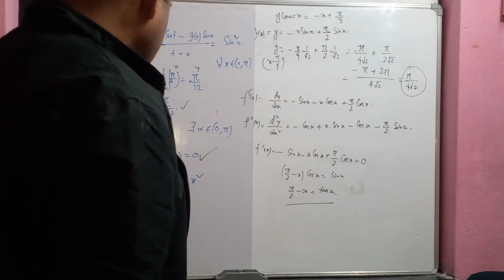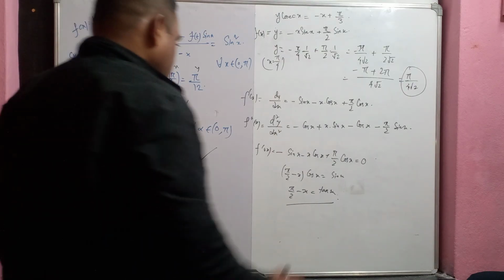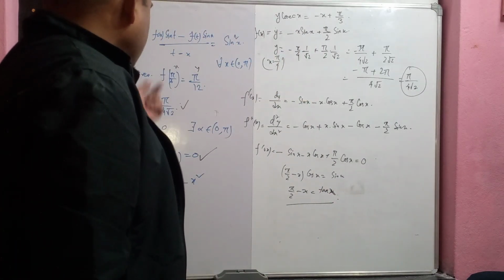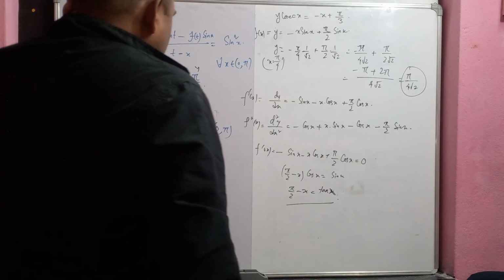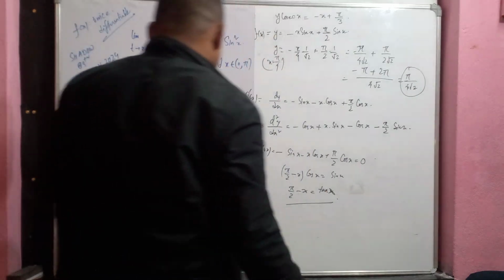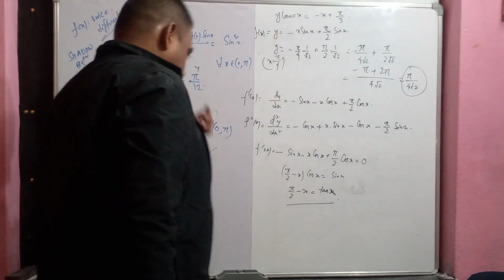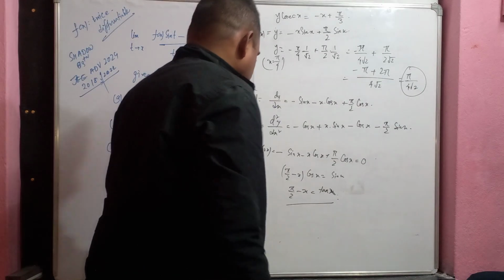Is there a possibility that such f dot alpha is 0 to pi? Or you can use Rolle's theorem also.